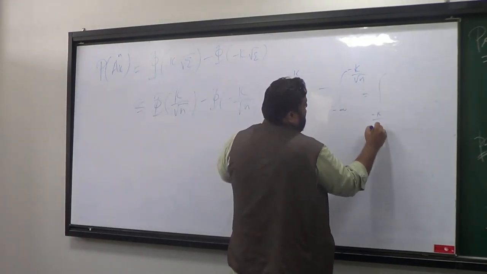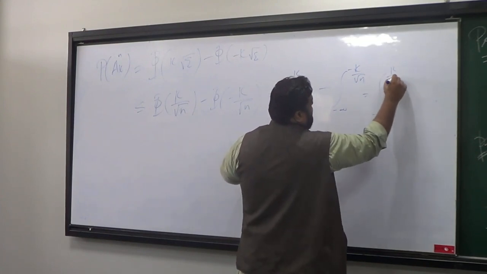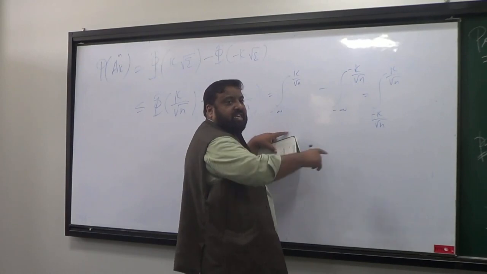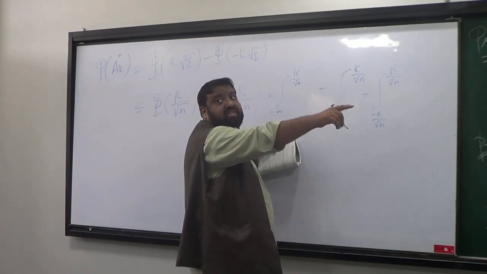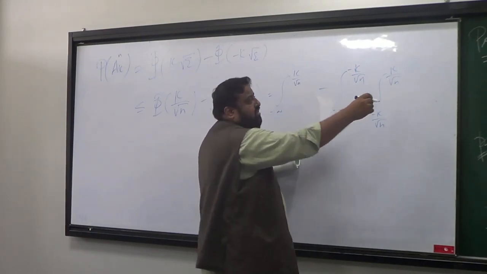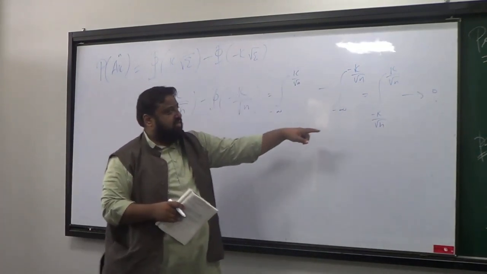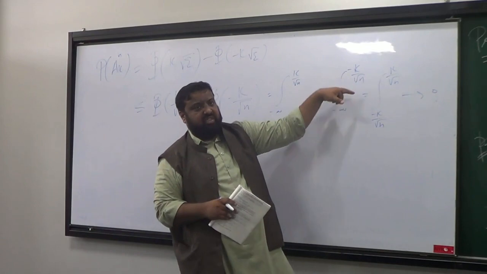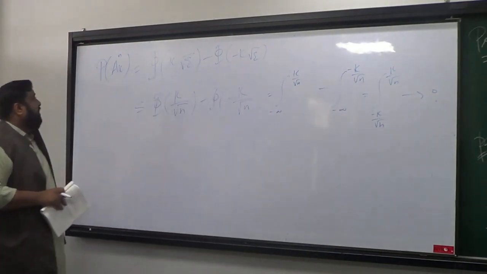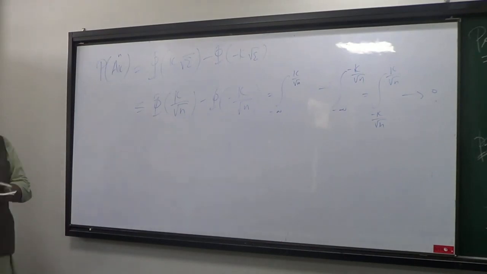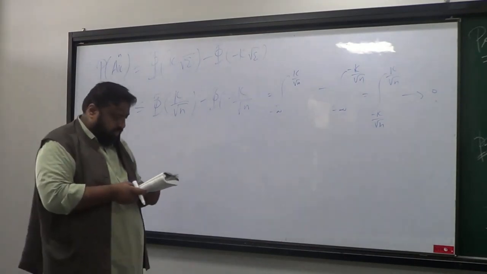From minus k over square root of n to k over square root of n. And what will happen if I take n goes to infinity? It goes to 0, because these bounds are going to get really near to each other. So the probability of n is 0.